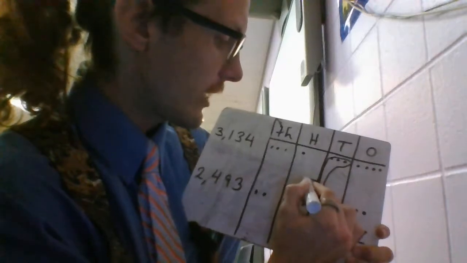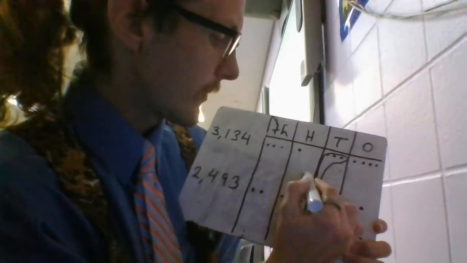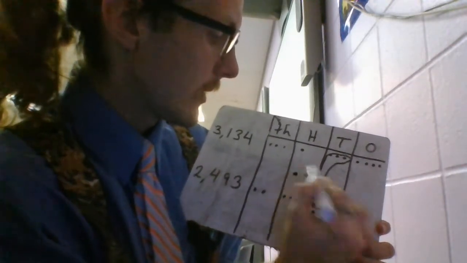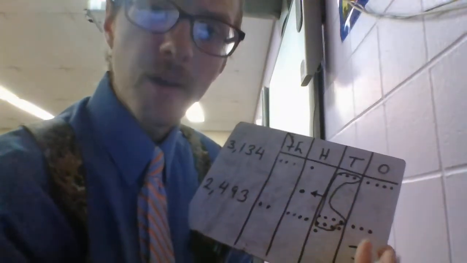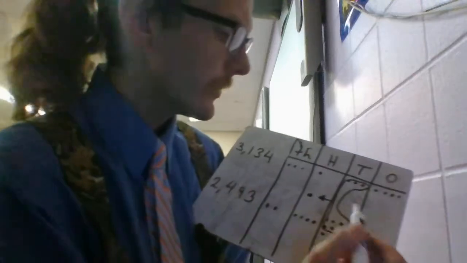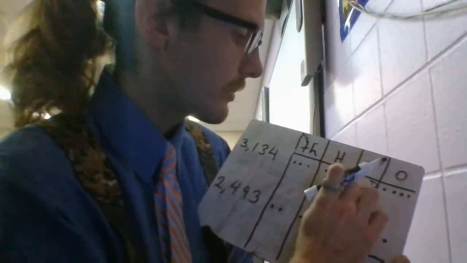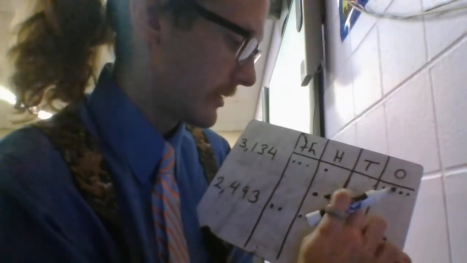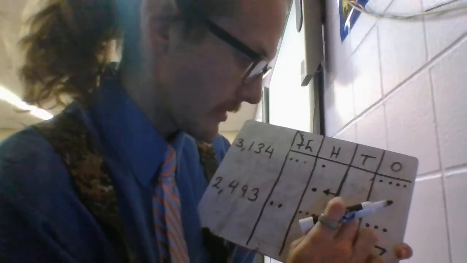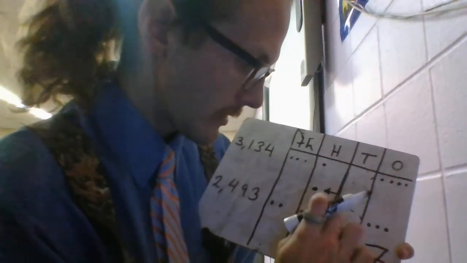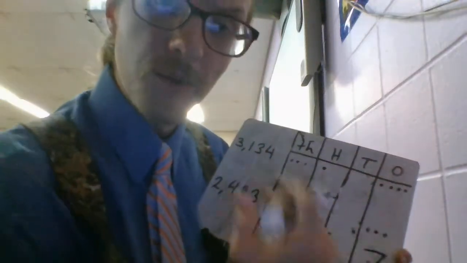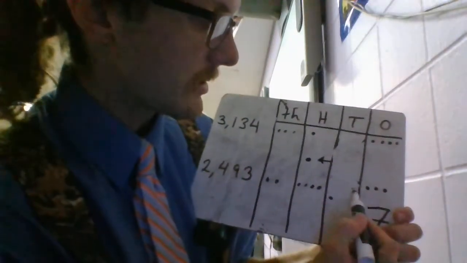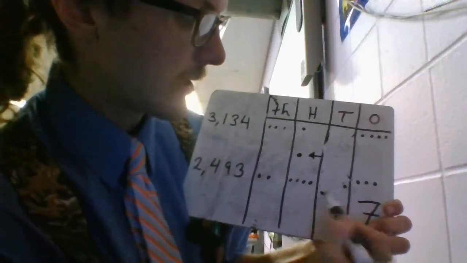And we can move that over because 10 tens equal 1 hundred. So we bundled 10 tens and we moved them over to the hundreds. How many tens do we have left? 1, 2.